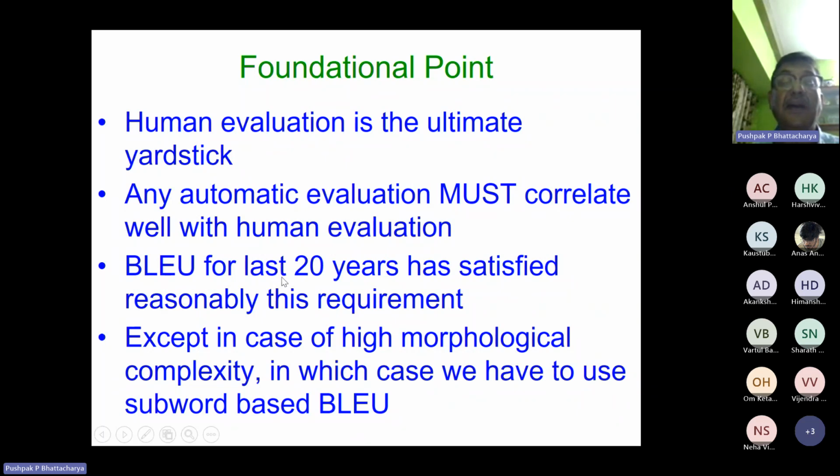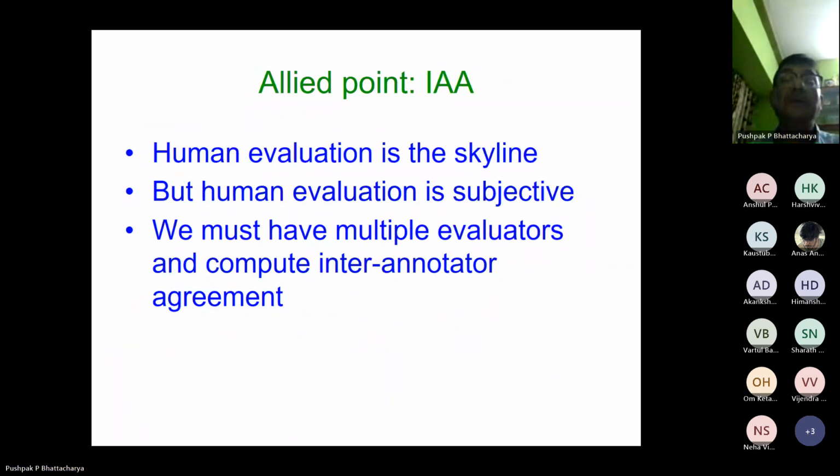So we apply byte pair encoding, break the morphemes apart from the corpus, and then apply BLEU. And again, BLEU comes back with a lot of strength. Subword BLEU is good for human level correlation. So except in case of high morphological complexity, in which case we have to use subword based BLEU score. So BLEU has stood the test of time. Why so? We'll see that very soon.